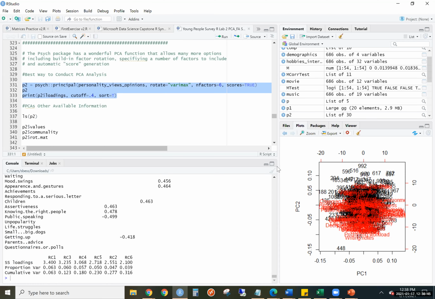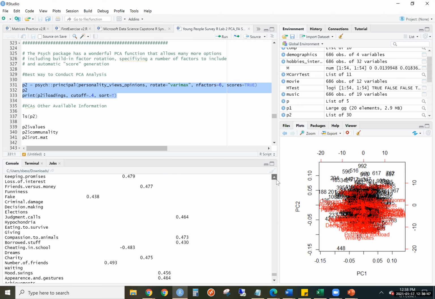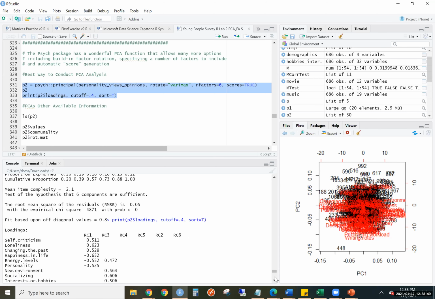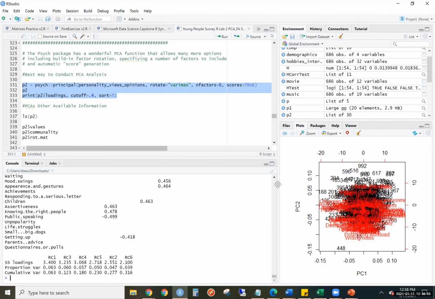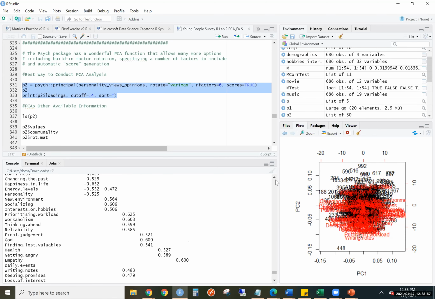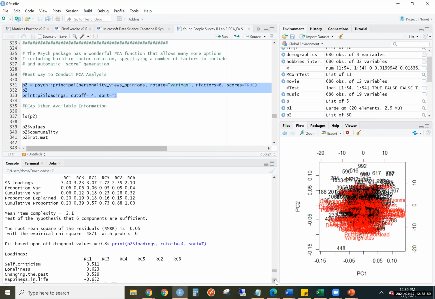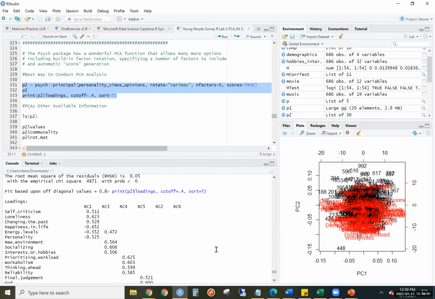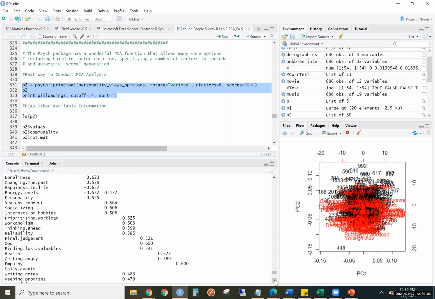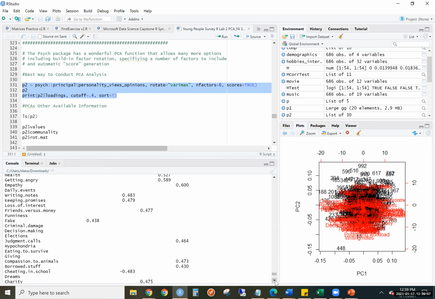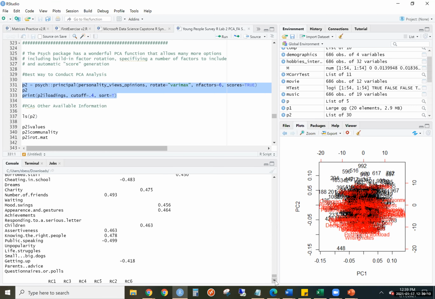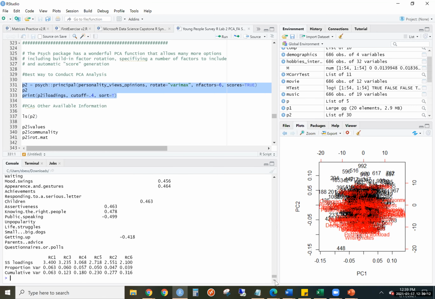So we do that, and it's a very large data set with many variables. So we have a lot of variables, and we also might have some cross loadings in here. But we see that these loadings are 0.4 and above. So we do have a lot of things that are coming up as correlated, but we do have an occasional cross loading here or two.